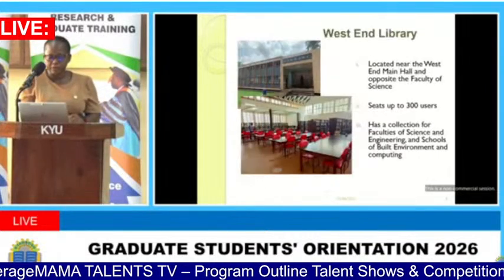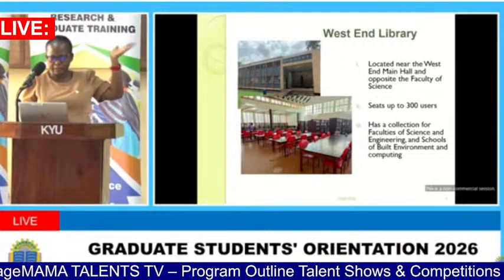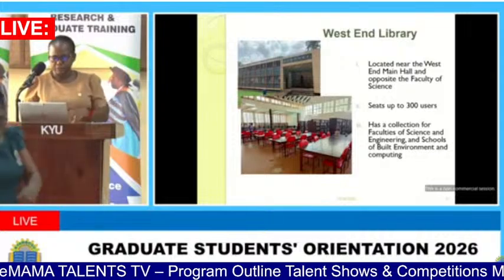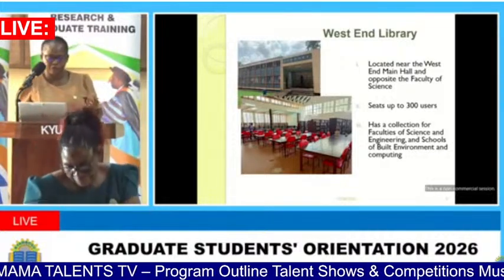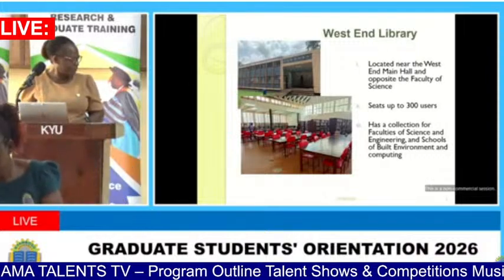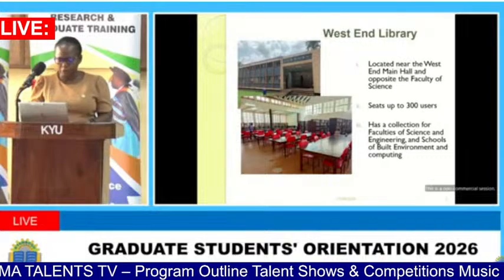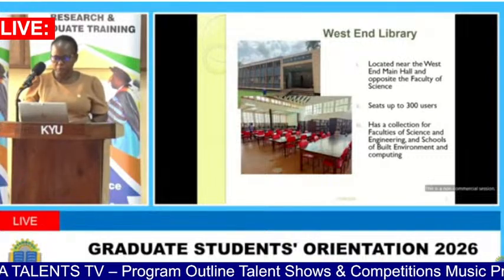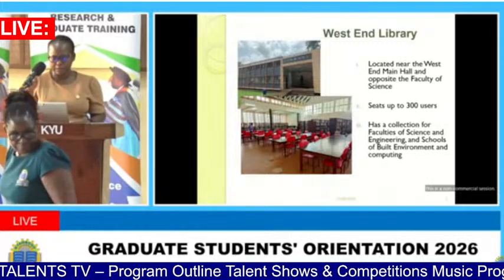We also have the West End Library, which is located on the west side, near the main hall and opposite the Faculty of Science. This sits up to 300 students. The pictures look empty, but students are always there, crowded, and it has a collection for the faculties of Science and Engineering, the School of Built Environment, and the School of Computing and Information Science.